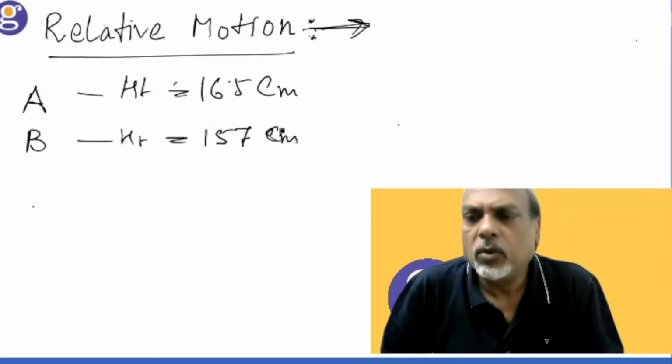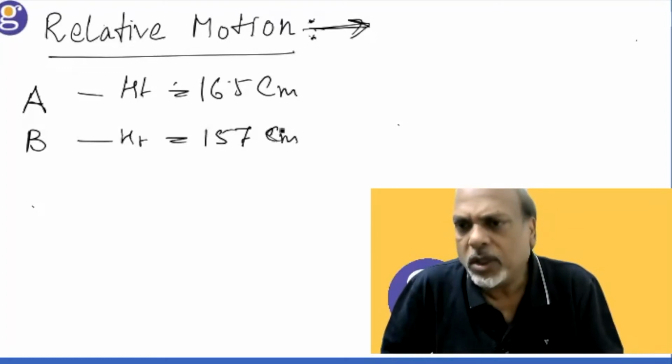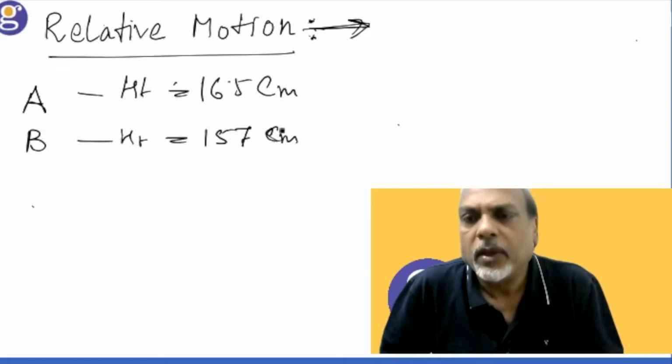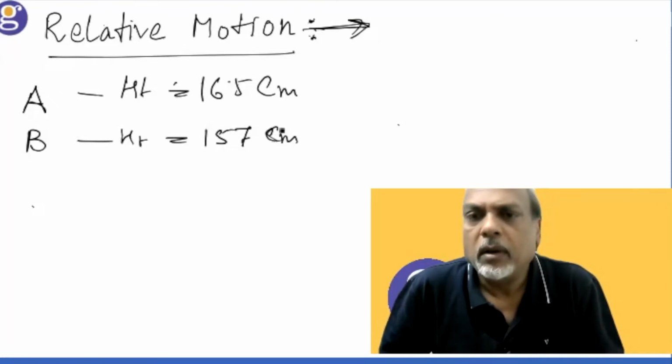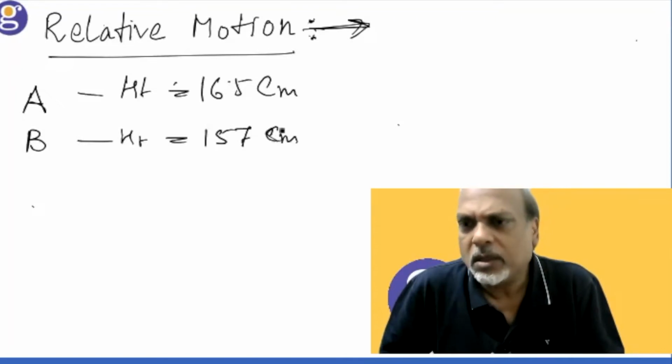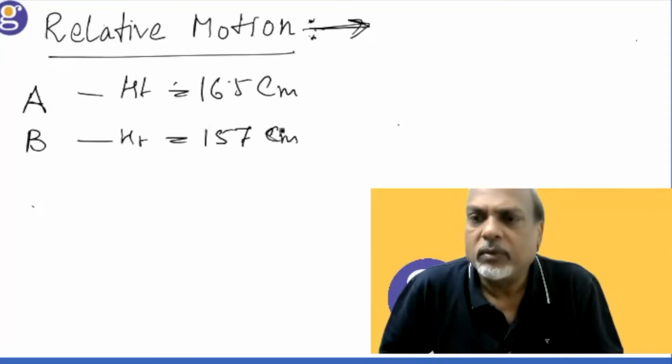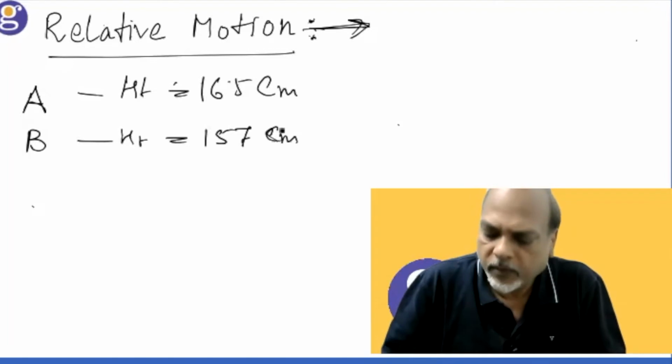If I ask you what is the height of A with respect to B, logically you can say that A is 8 centimeter more than what is height of B. But let us understand this concept through relative heights.